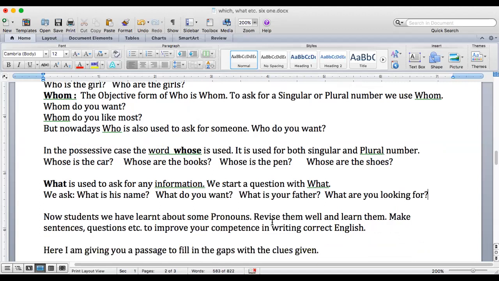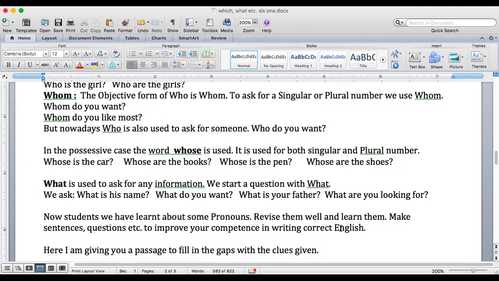Okay, so now we have learned about some pronouns. I want you to revise them well and learn them, make sentences and questions to improve your competence in writing correct English. Okay, so I hope you have learned this.